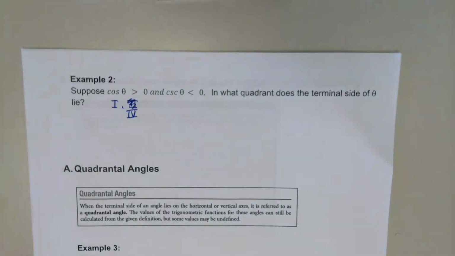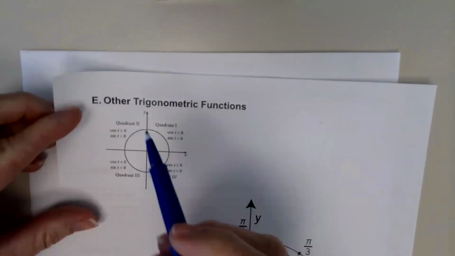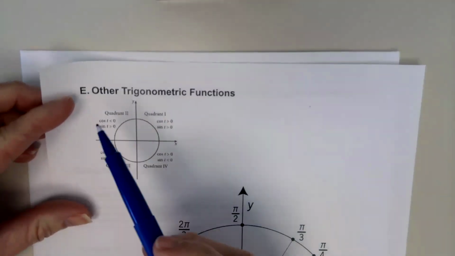And then we also know that cosecant is positive in... cosecant is the reciprocal of sine. So cosecant is positive wherever sine is positive.